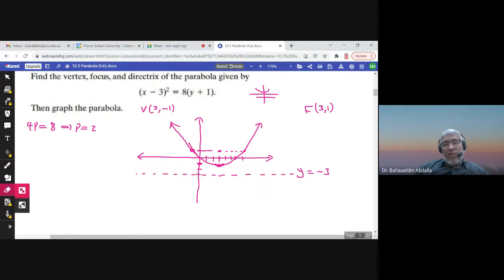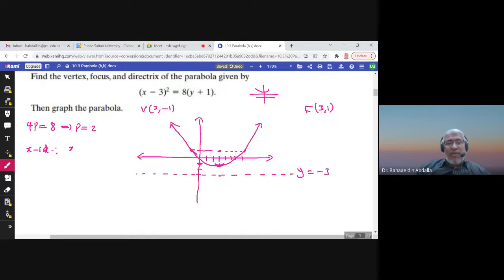Of course, now the parabola passes through the x-axis and passes through the y-axis. So if you want, you can find the x-intercepts and the y-intercepts just for your graph to be more accurate. To find the x-intercept, I put y equals 0.